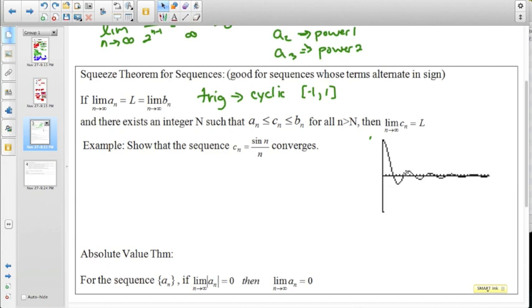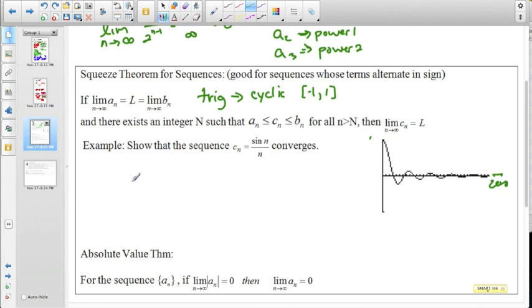It's oscillating above and below some sort of center point, and that center line is the value 0. So graphically, we can see the sequence goes to 0 as n goes to infinity.